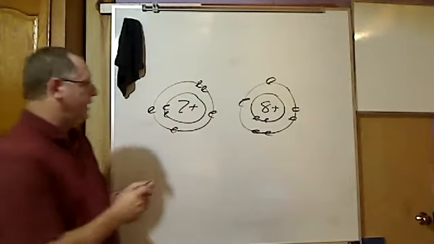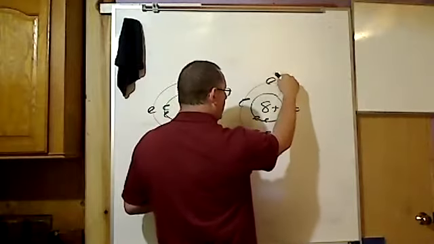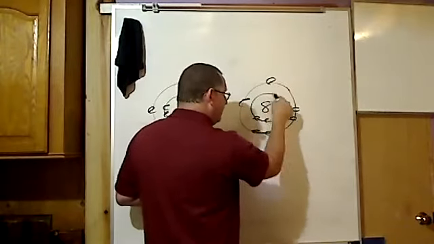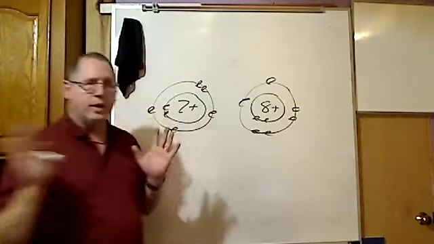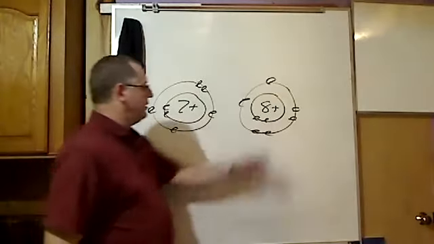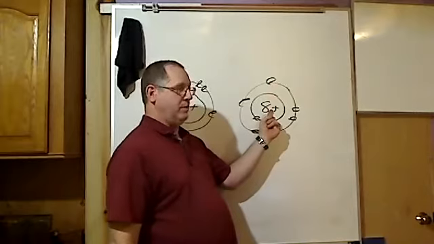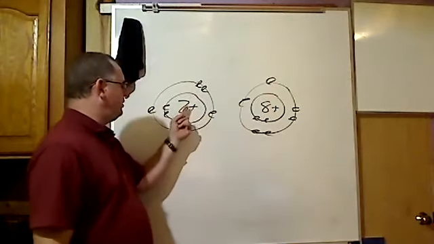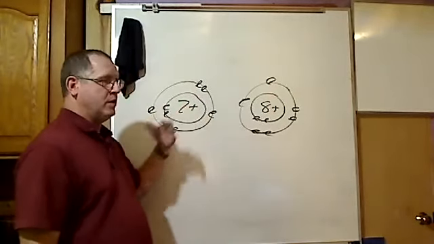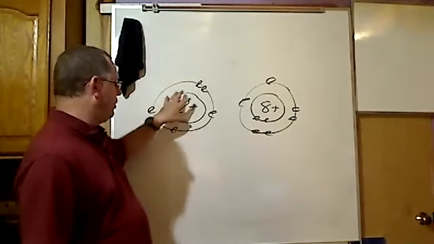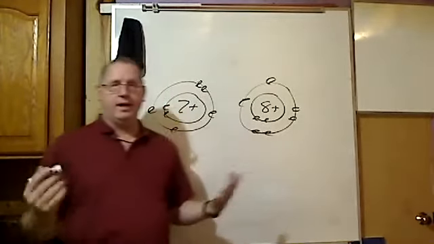Now if I look here, this electron in the outer shell is only affected by this inner shell. We call those shielding electrons. So this electron is shielded from the nucleus, which has 8 protons. This one is shielded from the nucleus, which has 7 protons. But the shielding is only a layer of 2 electrons in both cases.